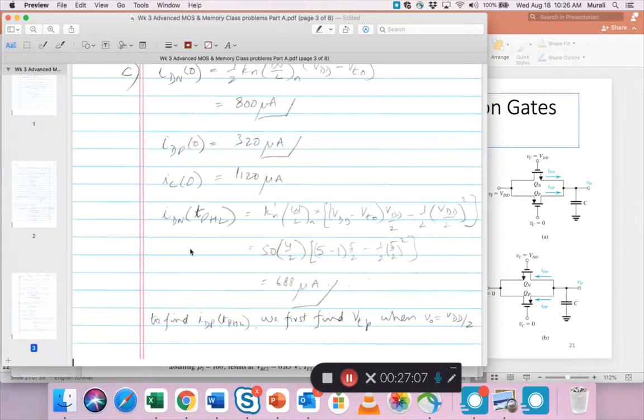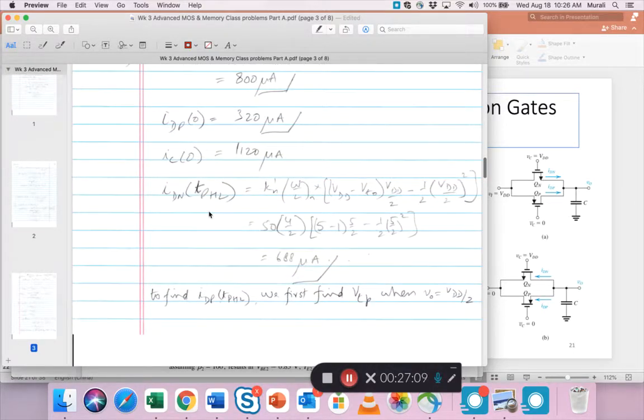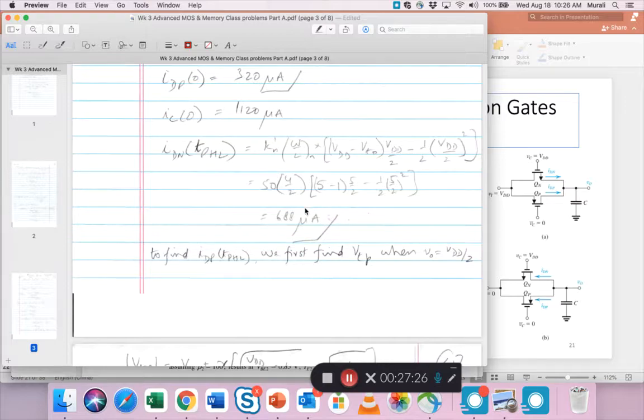This is previous work. The new work now is to find the new IDN at P high to low, right? So that happens when N is in triode region now. The NMOS device moves into triode, so you use this formula, okay? So this gives you 688 microamps.